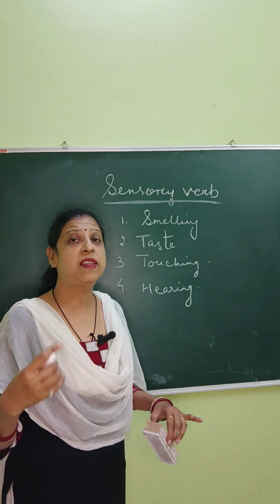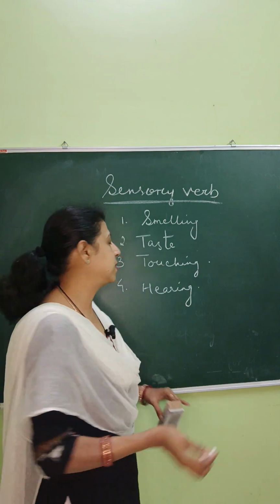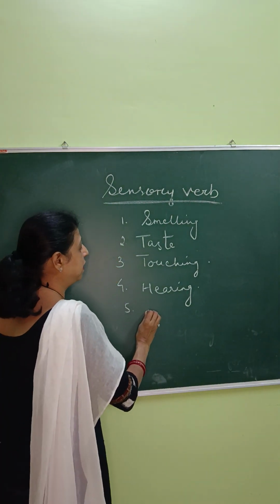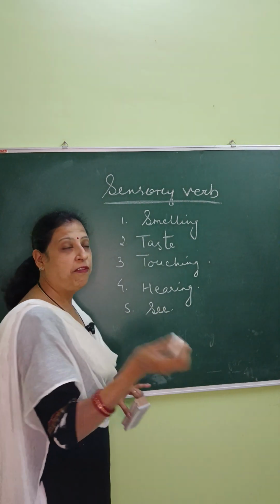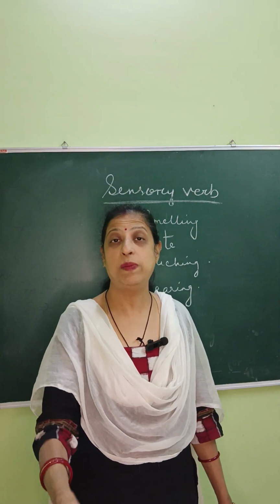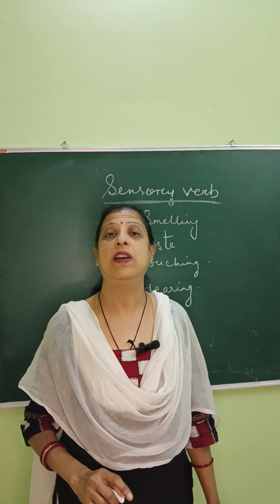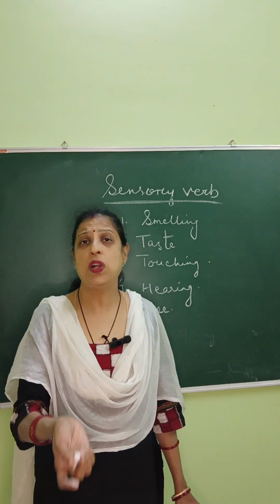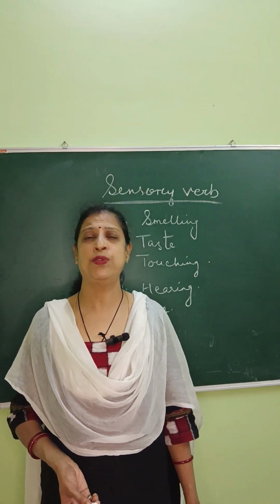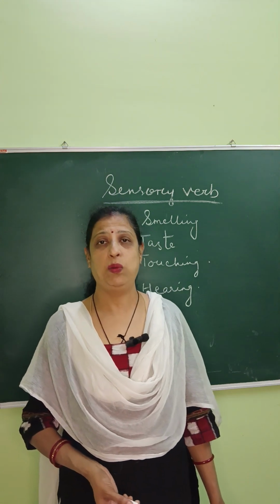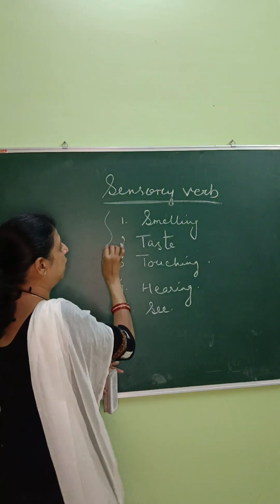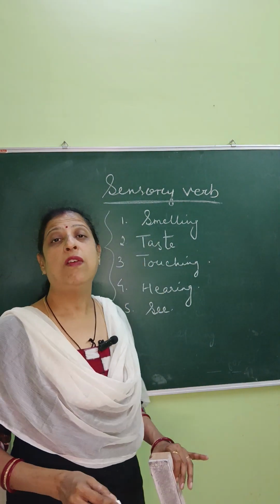And number five is when you see something, when you are observing, that is done through the eyes. When you are talking, that is done through your mouth. So these are called sensory verbs.